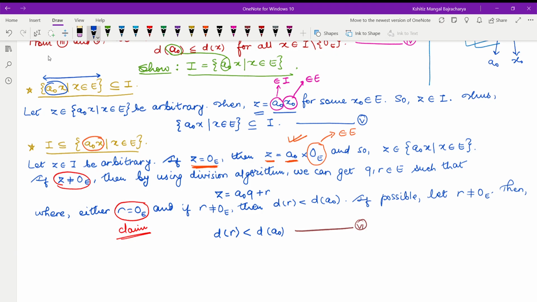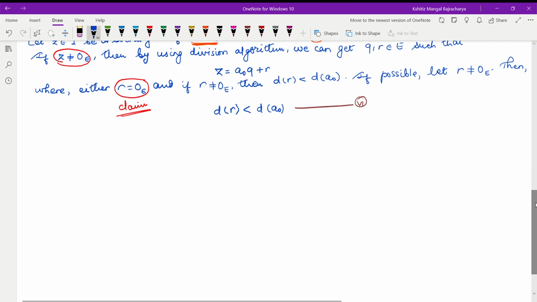And furthermore, since z is equal to a0 q plus r, also r equals z minus a0 q. Now this will belong to I. Why?